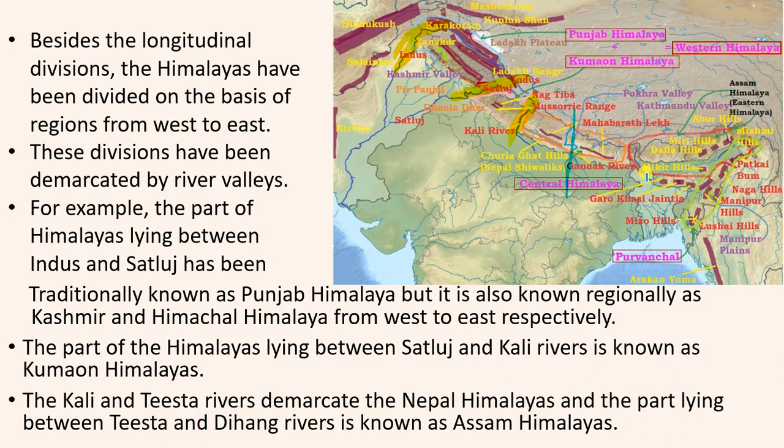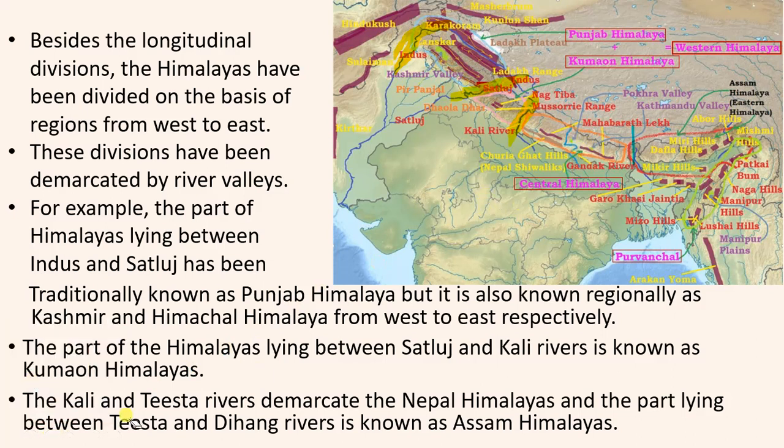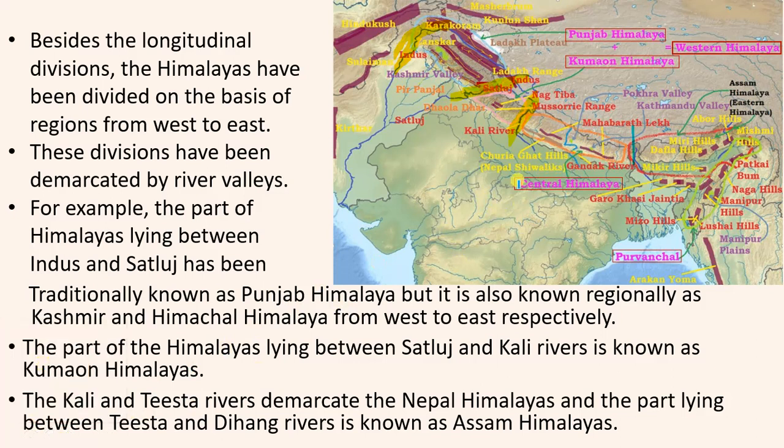Using the highlighter, this between the Kali River and the Tista River is the Nepal Himalayas, and between the Tista and the Dihang River is the Assam Himalaya. The Dihang River is there.